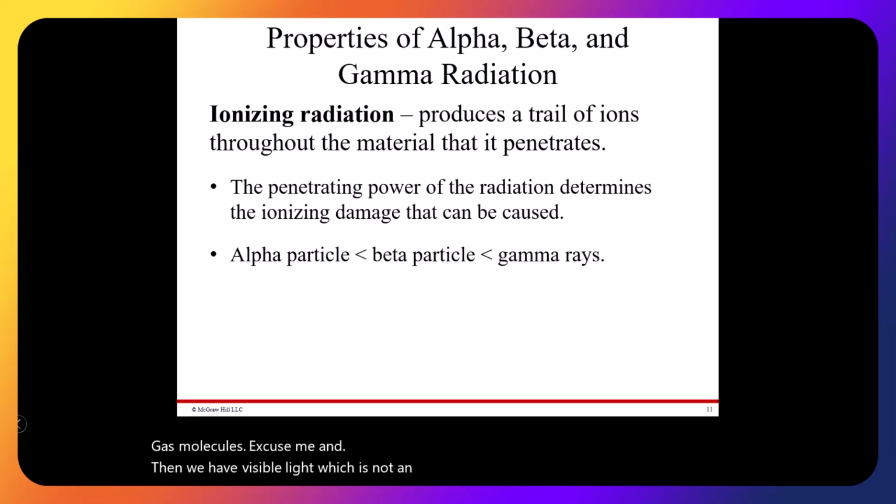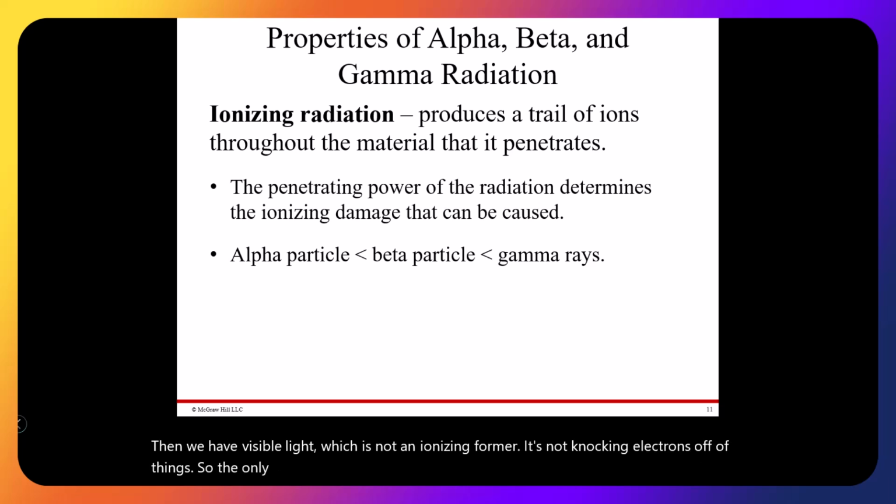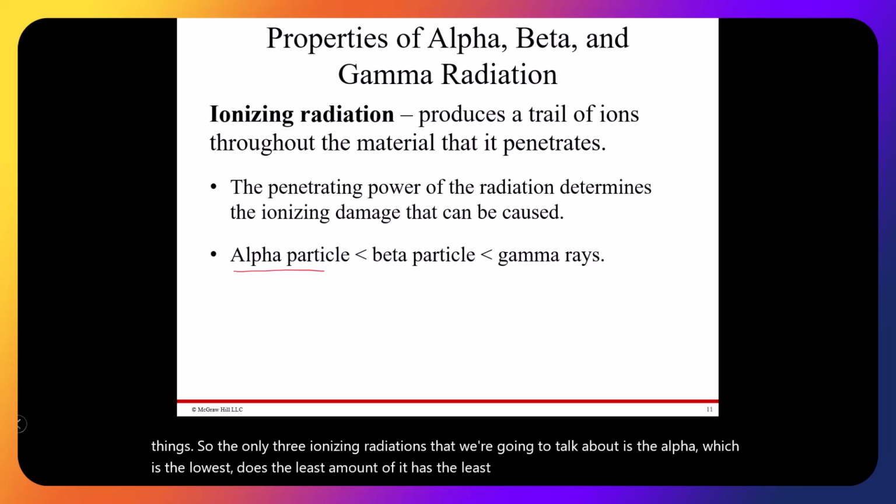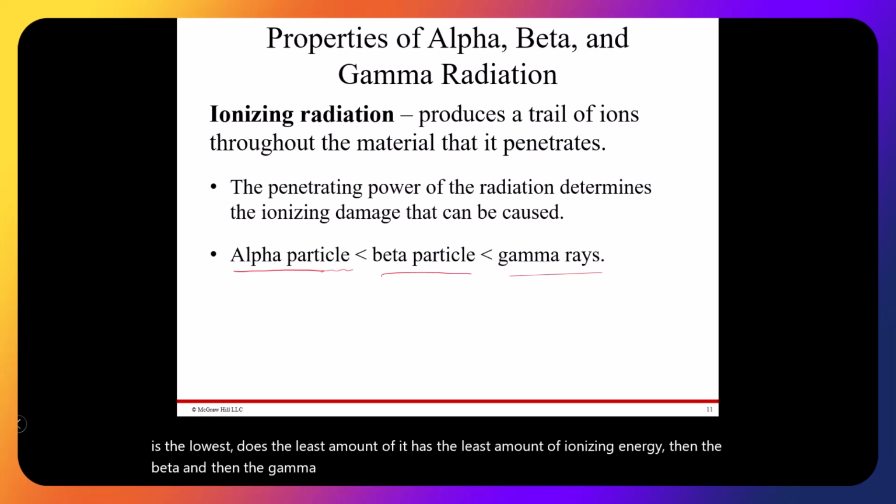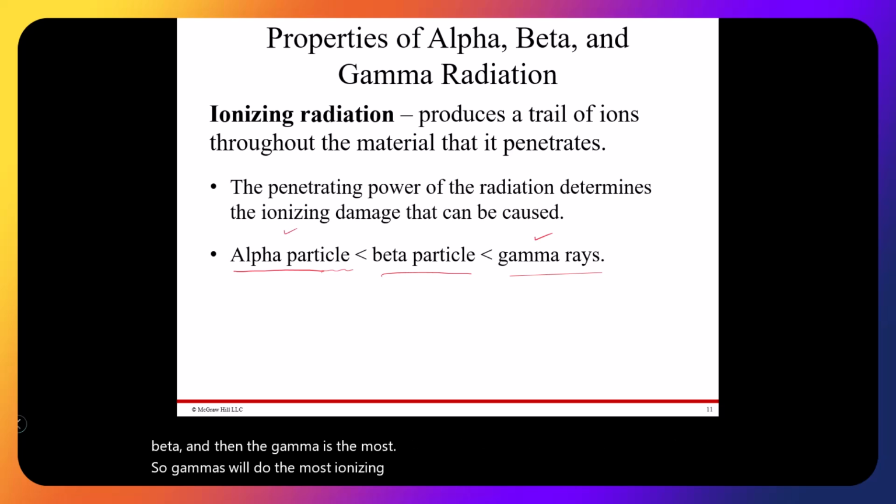It's not knocking electrons off of things. So the only three ionizing radiations that we're going to talk about are the alpha, which has the least amount of ionizing energy, then the beta, and then the gamma is the most. So gammas will do the most ionizing damage. Alpha would do the least.